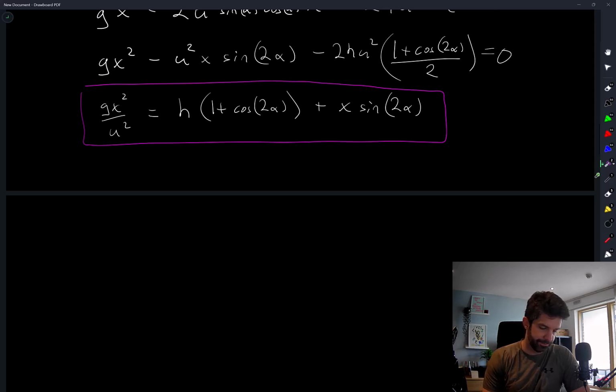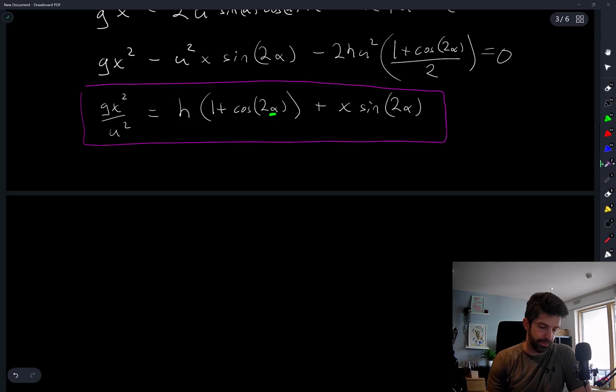I mean, if I look at this, let me think. So what I'm going to do is I'm going to assume that all the variables are fixed, in particular g, u, and h.